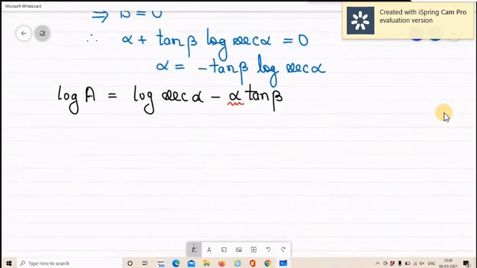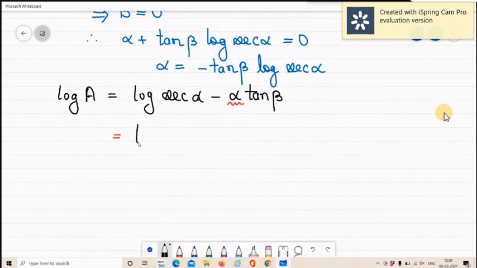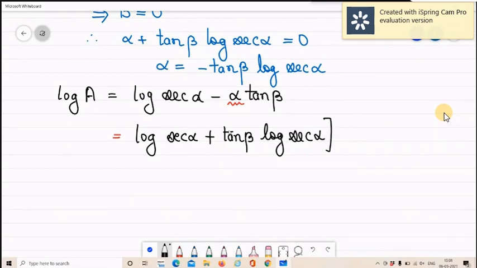We get log of sec alpha minus alpha, which is minus, so this will become plus tan beta log of sec alpha into tan beta, because in place of alpha I have substituted.